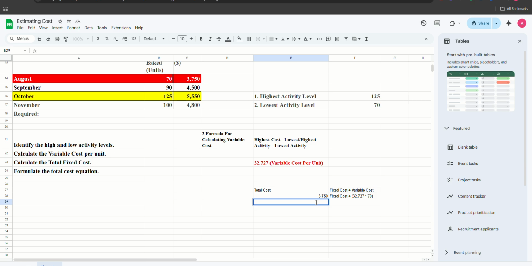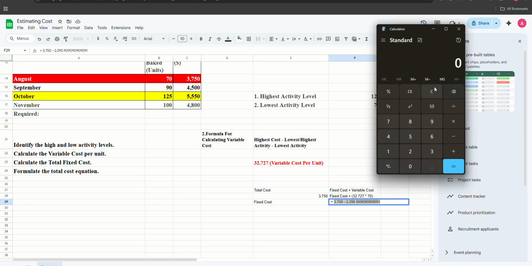So fixed cost is equal to 3750 minus that, so fixed cost is equal to 1459.